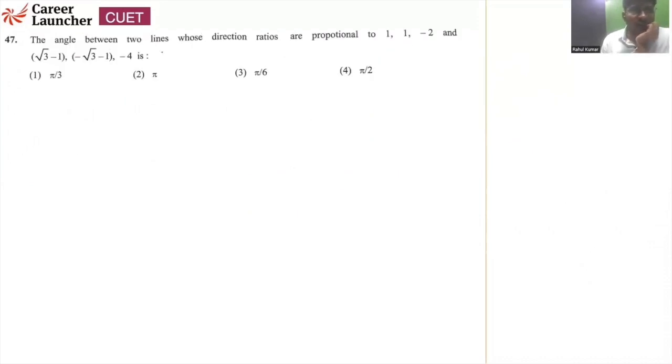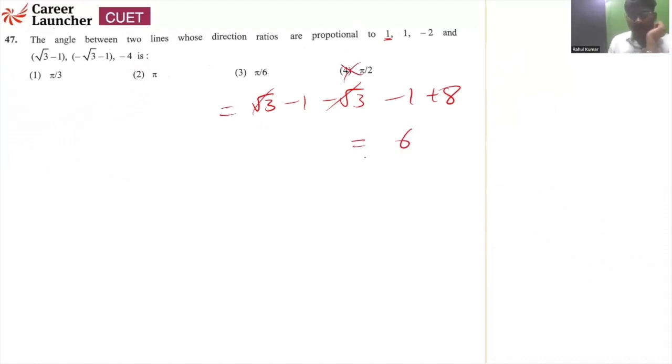Now the next question is we need to find the angle between the direction ratios. First we will find the dot product. It is root 3 minus 1 times root 3 minus 1, and minus plus 8. These two will be cancelled out and 6 is the answer, so it can't be pi by 2. Now we will find the magnitudes. One magnitude is root 1 plus 4, which is root 6.